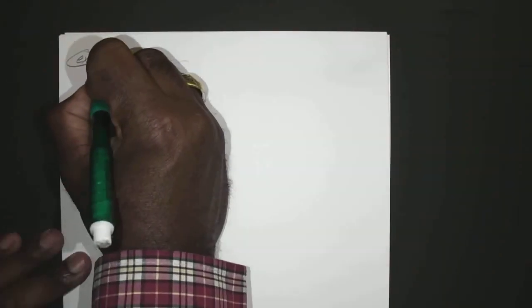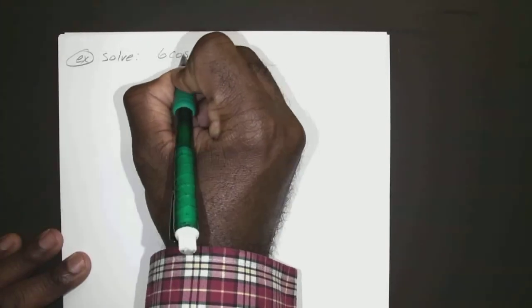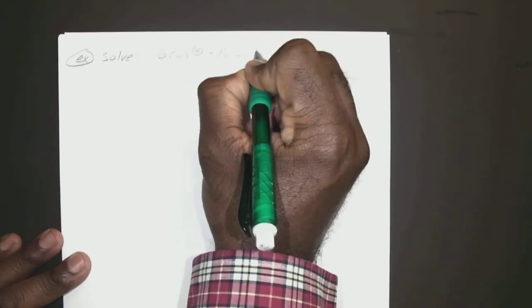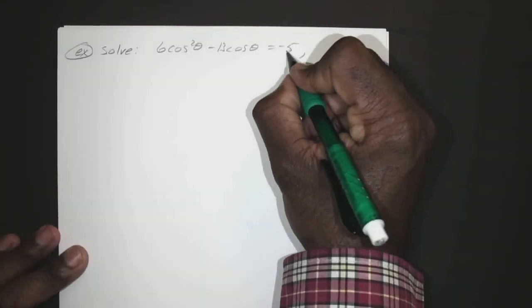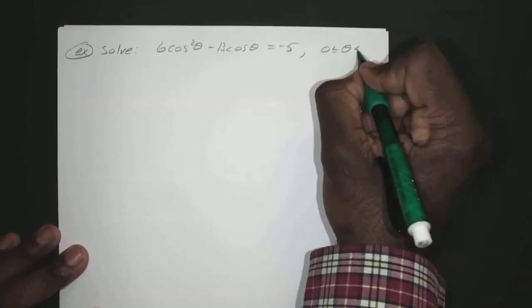Okay, so what if we wanted to solve 6 cosine squared theta minus 13 cosine theta equals -5, and again, if theta is between 0 and 2 pi.